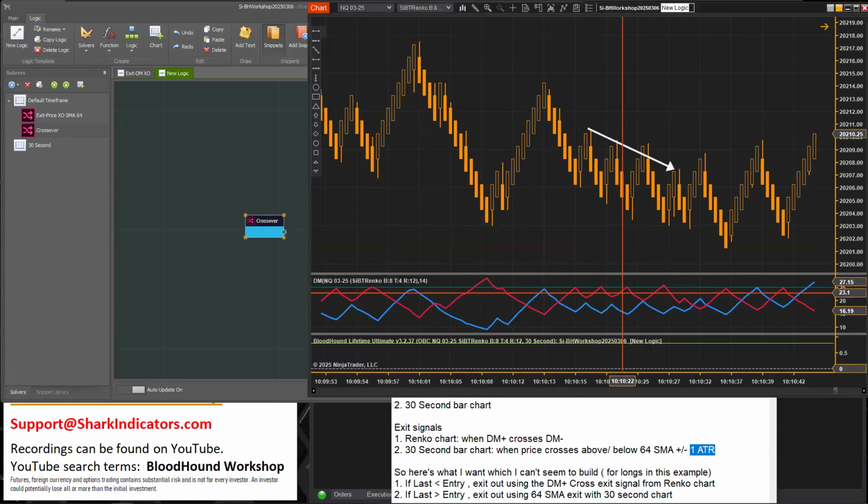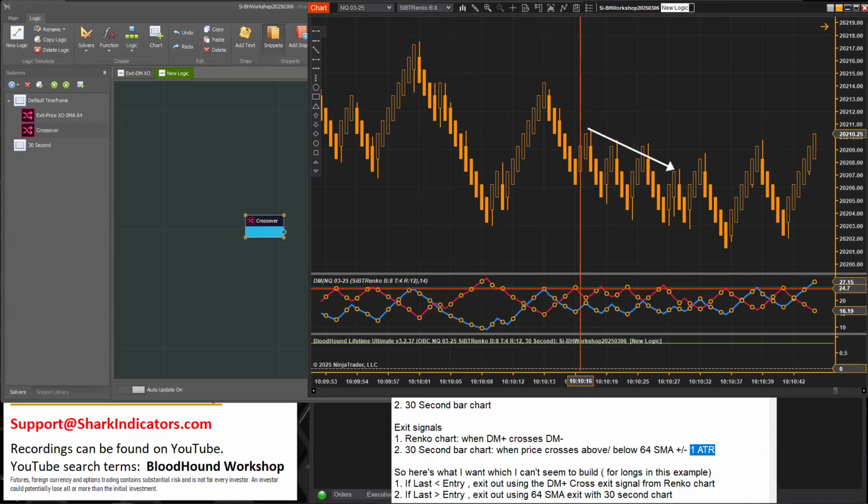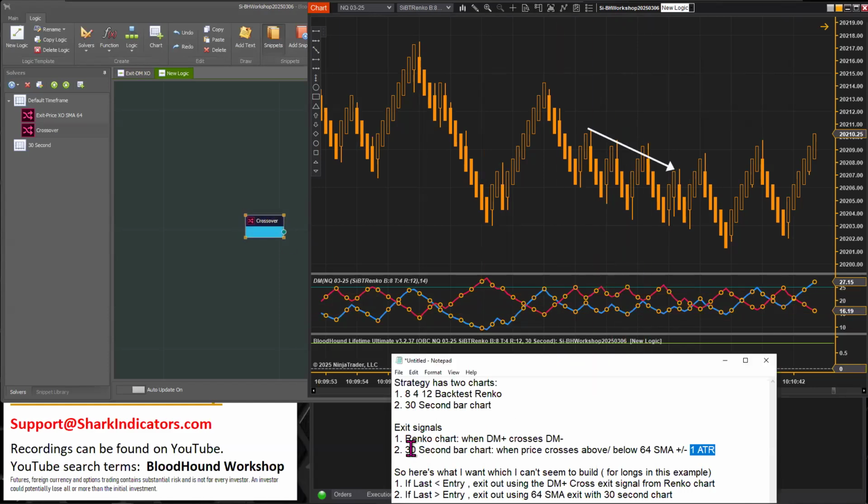And just like how we used a crossover solver for the DM indicator here, using a crossover solver for the SMA would be the ideal way to do this here.